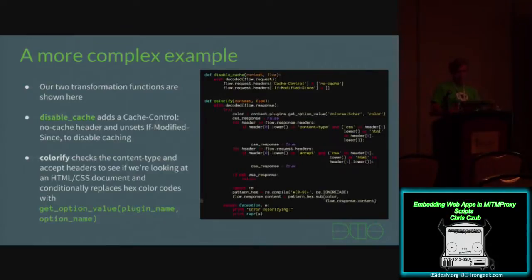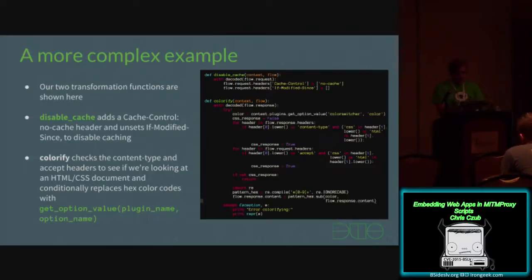So our two transformation functions are right here, disable cache and colorify. Disable cache runs only on the request, of course, adds that no cache, and changes the if modified since header if it's present. Our color function basically just looks at the content type, sees if it's CSS or HTML. If it is, it just runs a cheesy little regular expression on it to replace the color.